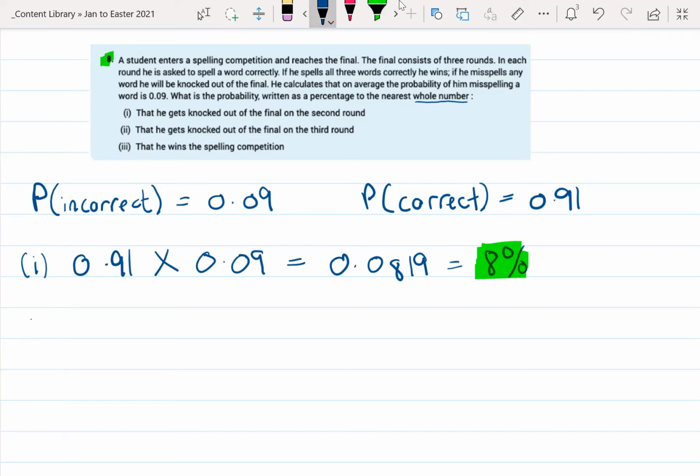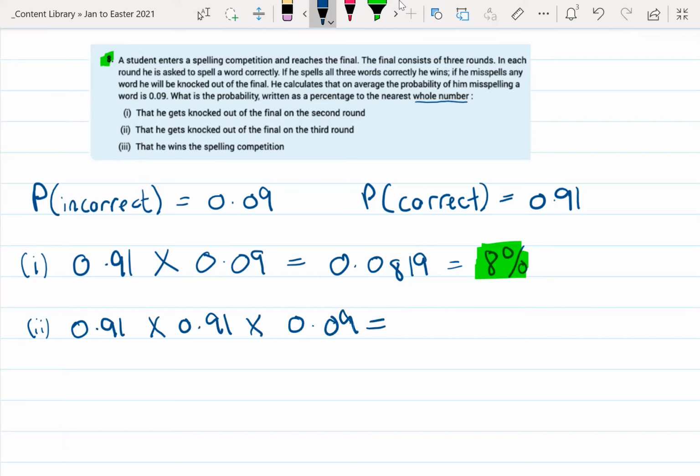Part 2. What's the probability as a percentage to the nearest whole number that he gets knocked out of the final on the third round? So it means he got it right on the first spelling correct, and second spelling correct, and third spelling wrong.